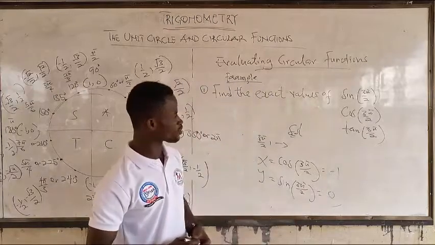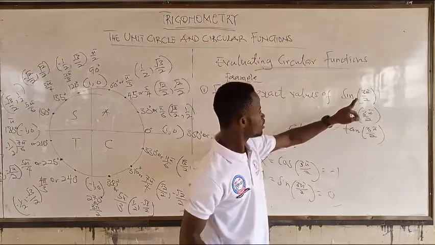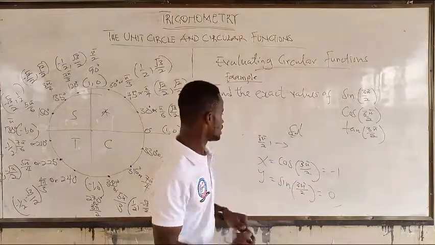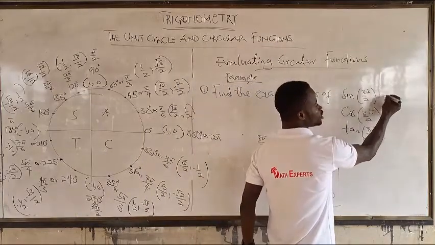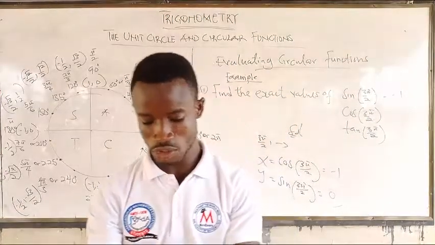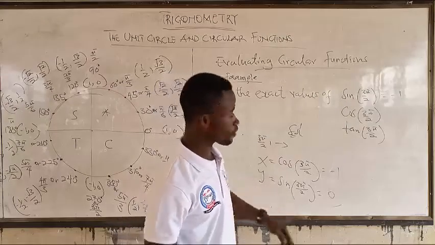So what are we called to investigate on this 3 pi over 2? You can see that sine 3 pi over 2... the result is simply going to be -1. Sorry, I said -1.